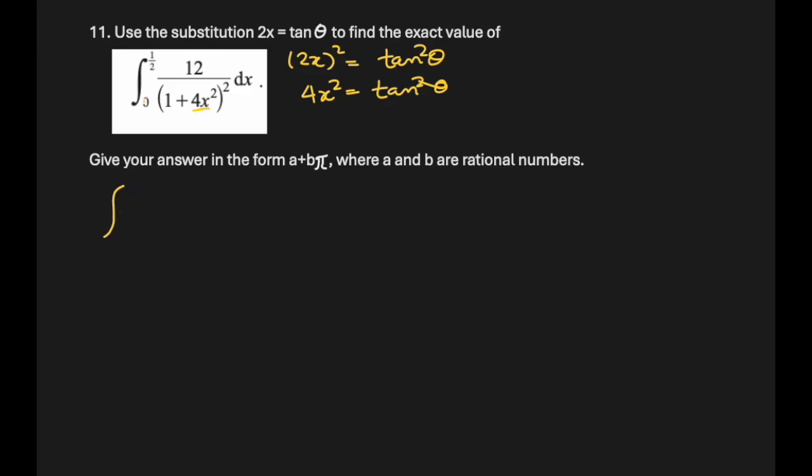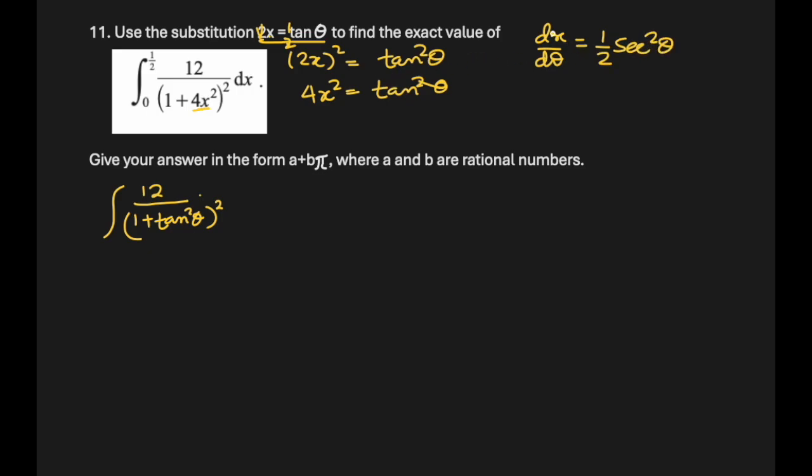Okay, so that means this 4x square can be replaced now. I'm not writing limits first, I will just write them later. So it will be 1 plus tan square theta and then whole square. Now we need dx to be replaced with d theta. How? If I write this 2 on the other side, x equals half tan theta, so its differentiation will be half secant square theta.